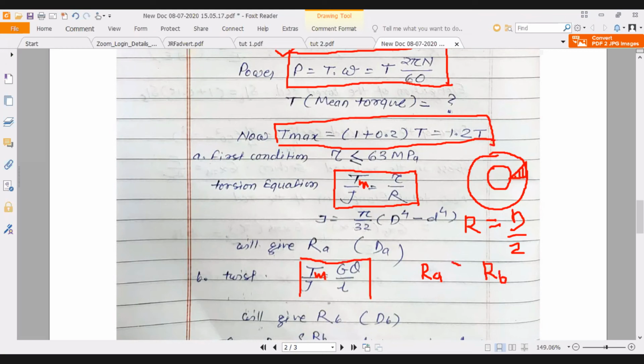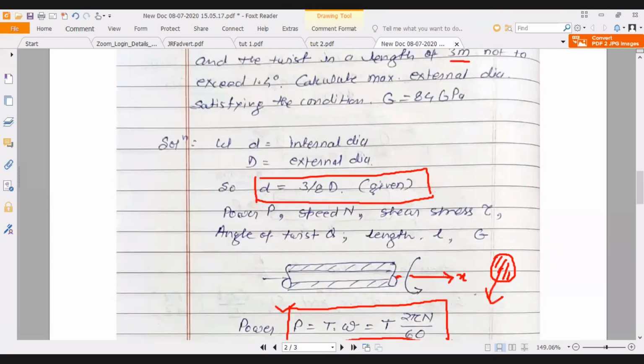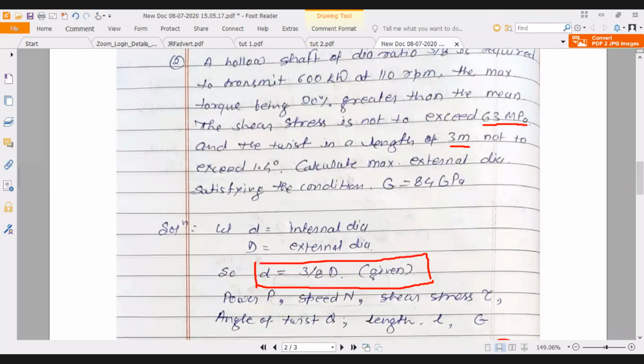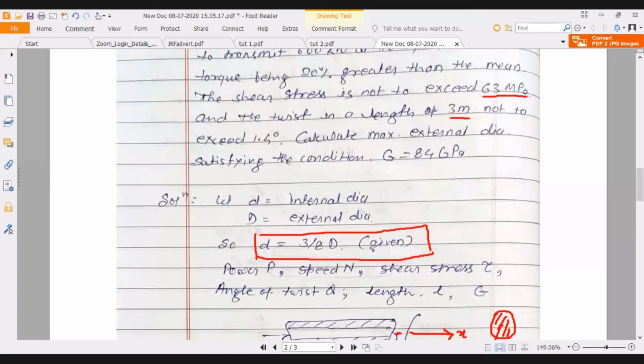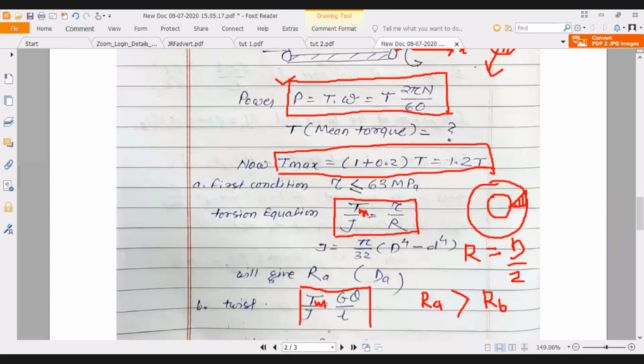Now suppose RA is greater than RB. So which value of radius will you take, so that our hollow cylinder will not fail, will be able to sustain this 63 megapascal shear stress, and also the twist does not exceed 1.4 degree? Which radius should we consider?